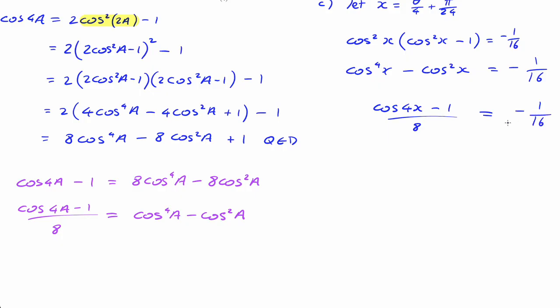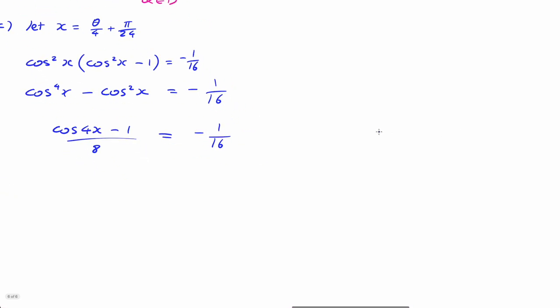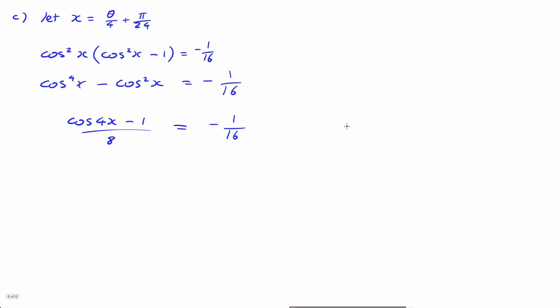Okay, now I think I can go from here. Multiply across by 8, definitely. So cos 4x minus 1 equals 8 times this, 8 over 16 is negative 1 over 2. And then add the 1, so cos 4x is equal to, add 1 over 2.